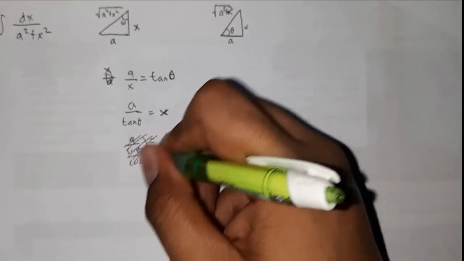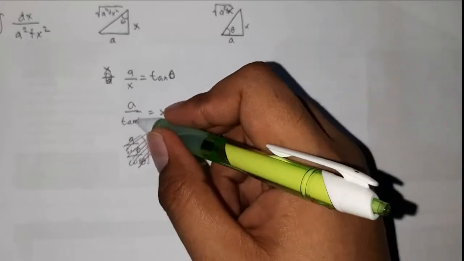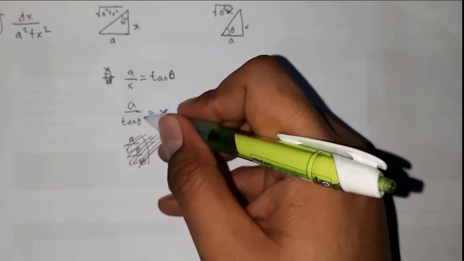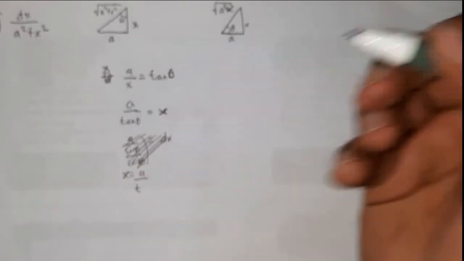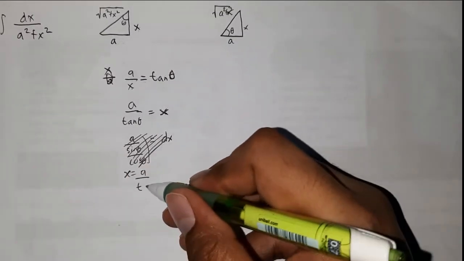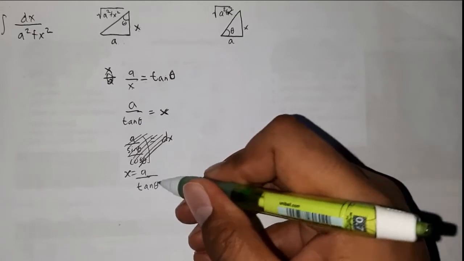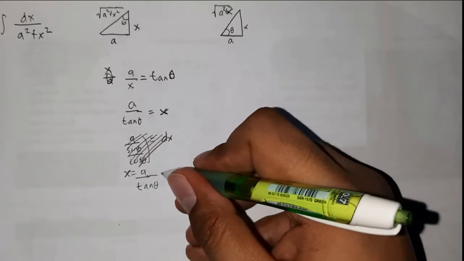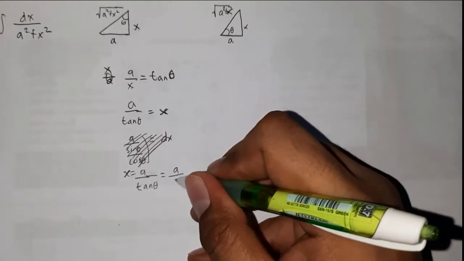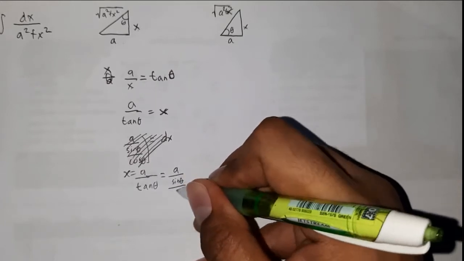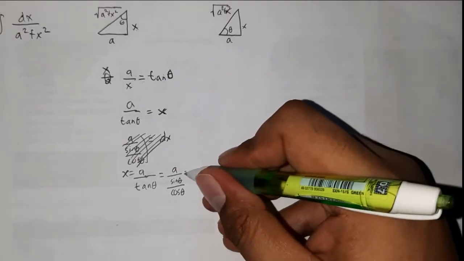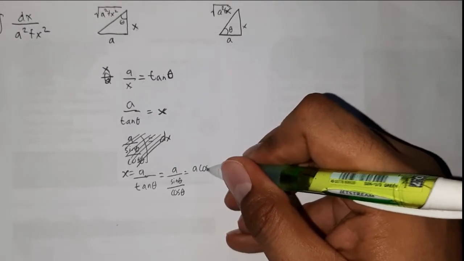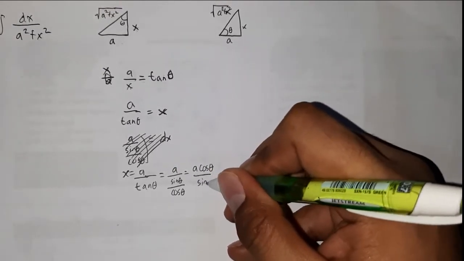Sorry. Ulitin natin para mas clear yung pag-solve. So, pagpalitin ko muna to. So, x equals a over tangent theta. And then, rewrite ko to. That's a over sine theta over cosine theta. Ito ay a cosine theta over sine theta.